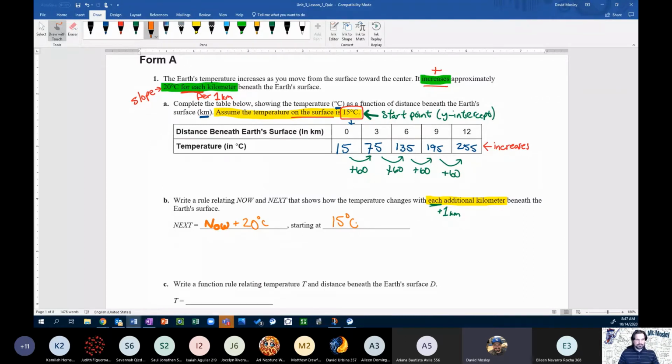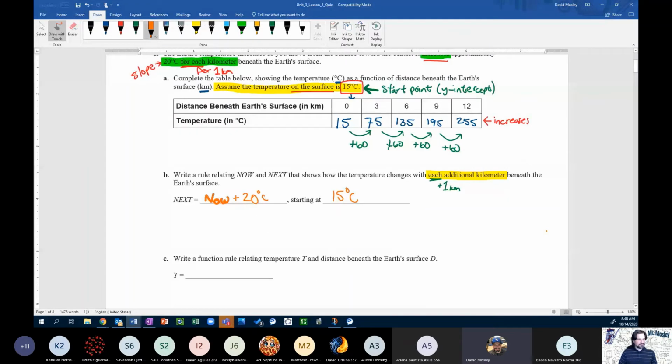Are there any questions about how we got the now-next rule? Okay. So then we'll move on to the next part.